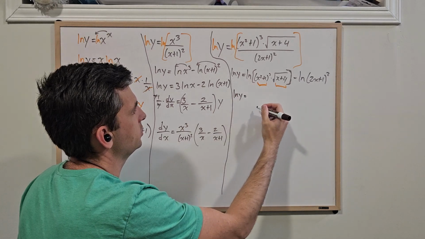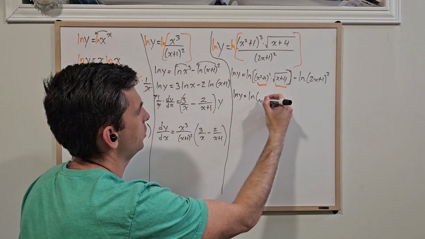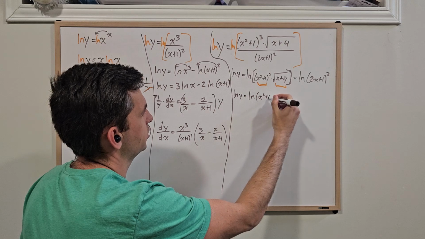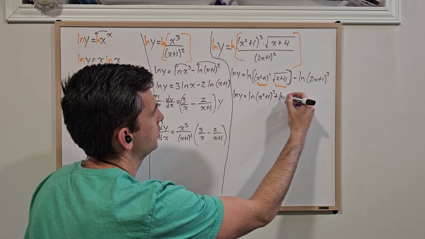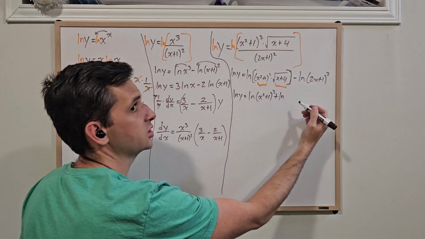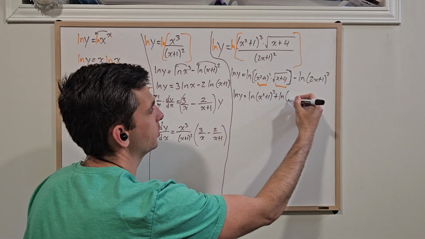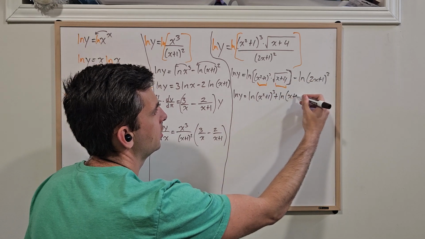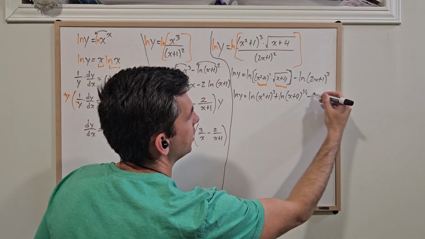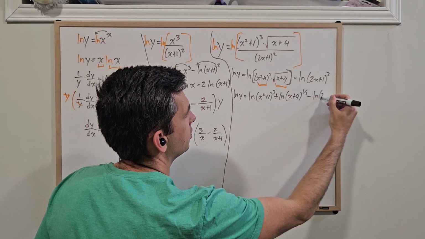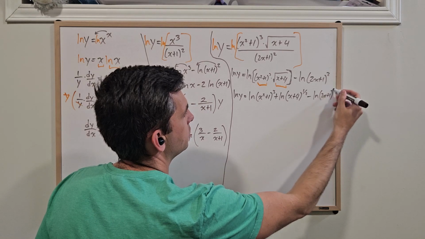Natural log of y is equal to natural log x squared plus 1 to the power of 3 plus natural log, square root is just an exponent of 1/2, so I'm going to go ahead and write it out that way. I have x plus 4 to the exponent of 1/2, and here on the end I have my natural log 2x plus 1 squared.